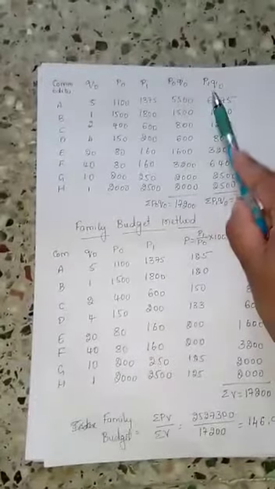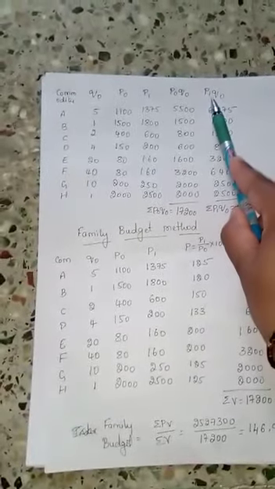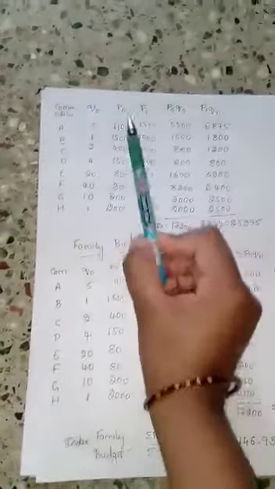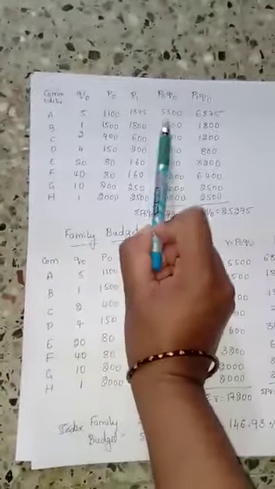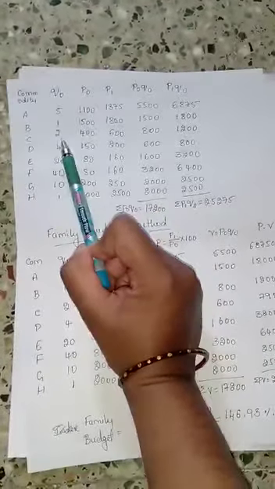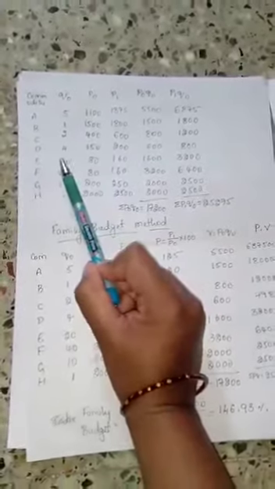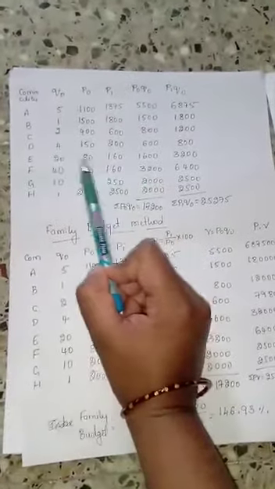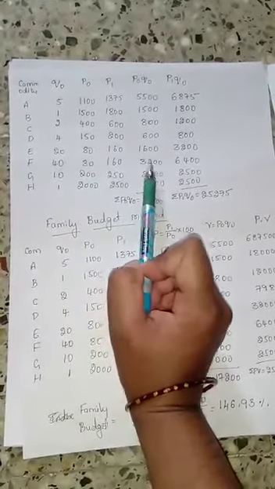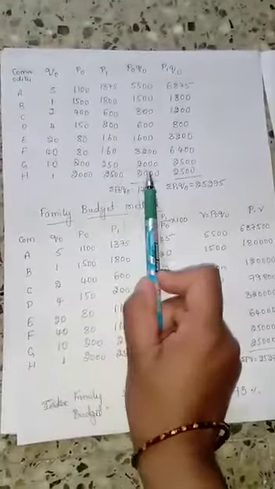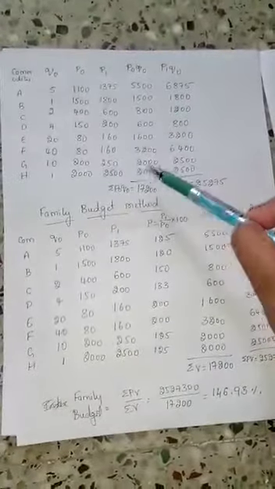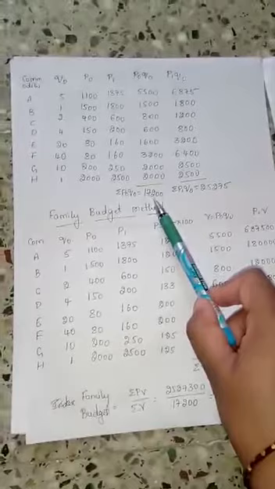Then we have to calculate P1 Q0, price of current year multiplied by quantity of base year. 1100 into 5, 5500. 1500 into 1, 1500. 400 into 2, 800. 150 into 4, 600. 80 into 20, 1600. 80 into 40, 3200. 200 into 10, 2000. 2000 into 1, 2000. The total of P0 Q0 is 17,200.